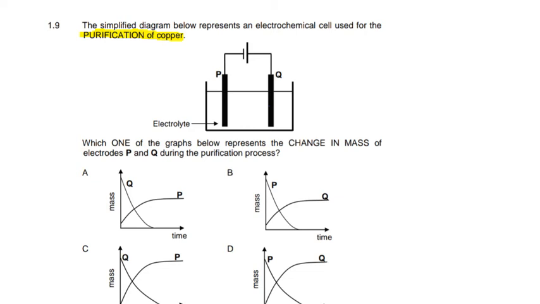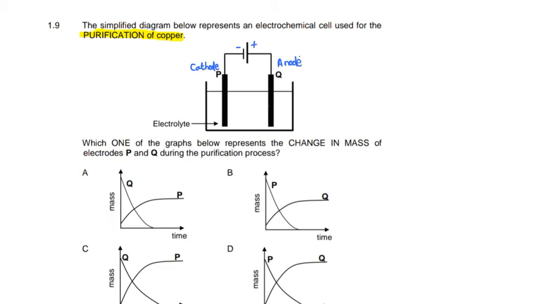The first thing you must recall is that in order to purify copper, we use an electrolytic cell, which means that you have to see this battery. Because it's an electrolytic cell, the negative terminal is what we call the cathode, and the positive terminal is what we call the anode.